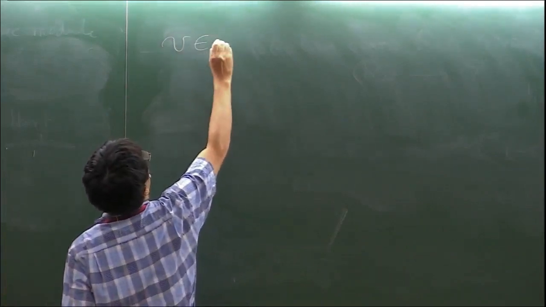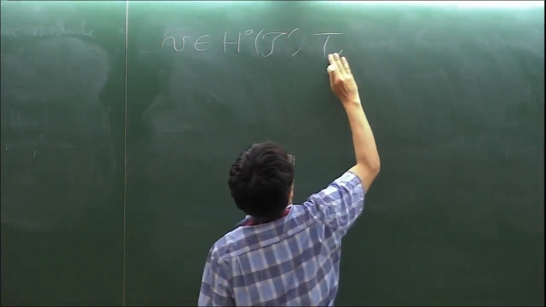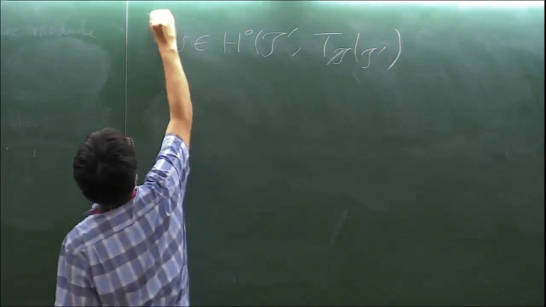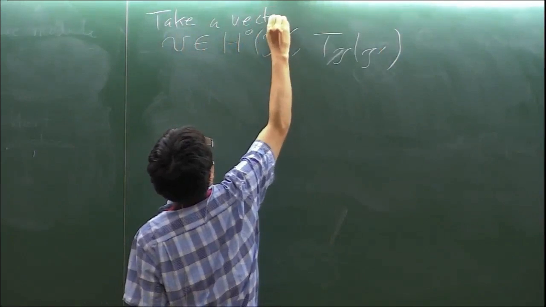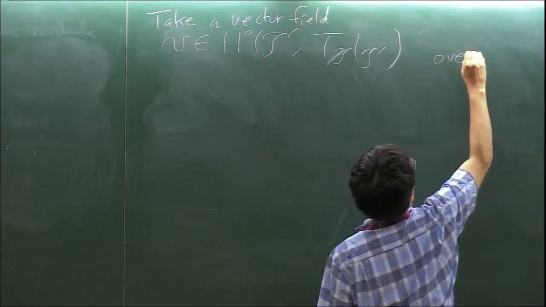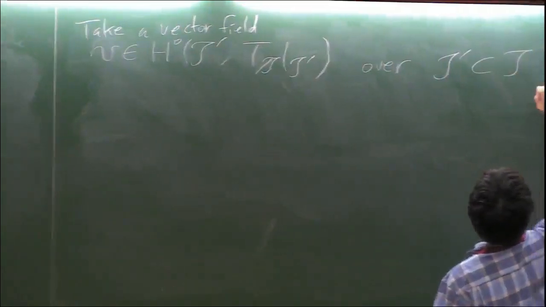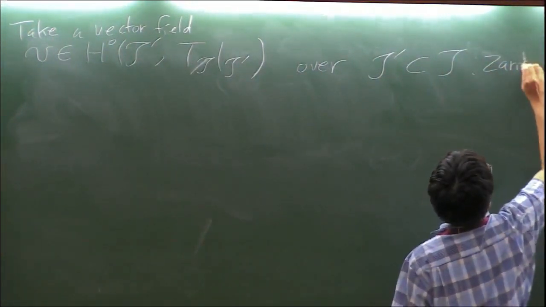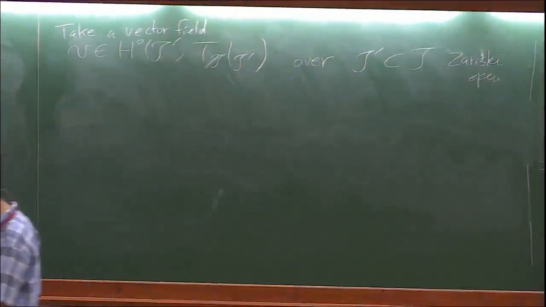So we take vector fields over a Zariski open subset T prime of T.